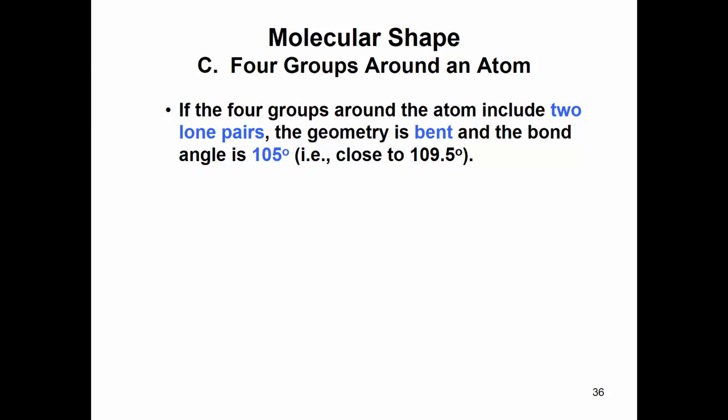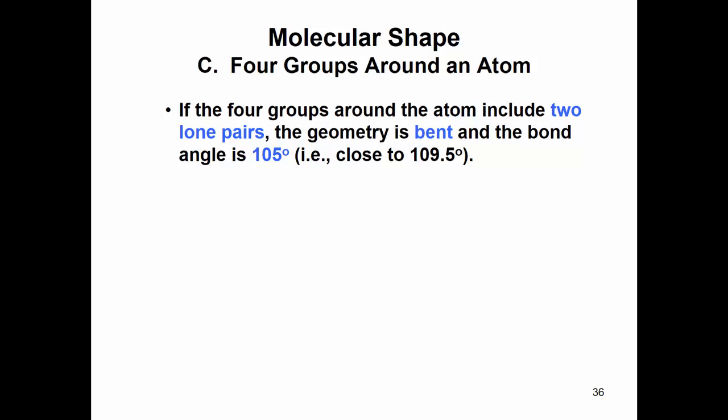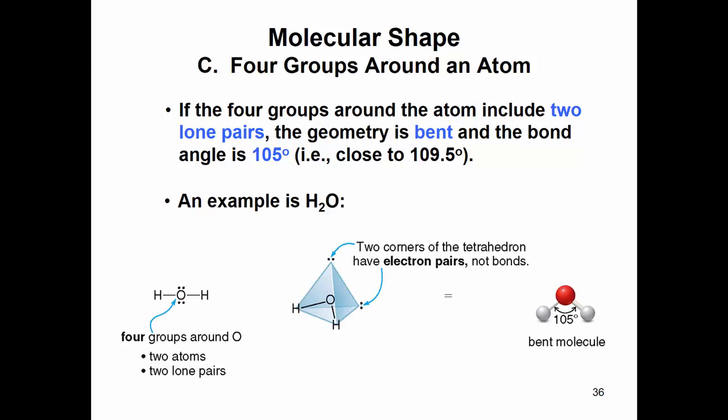Okay, if we have 4 groups around an atom and we have 2 lone pairs, so here we just had 1 lone pair, so that's trigonal pyramidal. If we have 2 lone pairs like water, then we get a bent geometry. So we have 2 bonded atoms and 2 lone pairs. Here's our bonded atoms, and then 2 lone pairs.